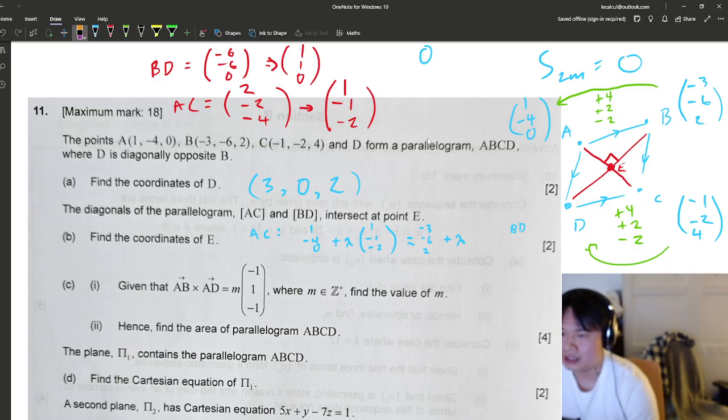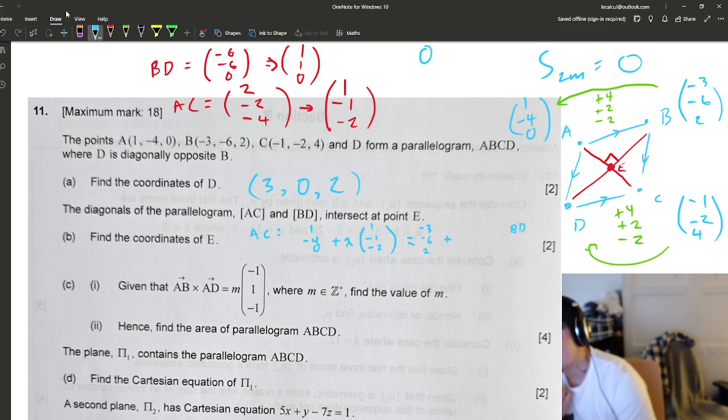Could be a different lambda. Uh-oh. I told you guys I was rusty. Especially when it comes to, like, later stuff like this. 1, 1, 0.